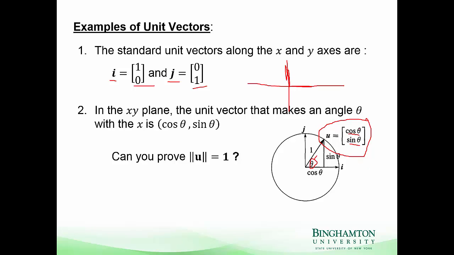So this is a whole set of unit vectors, and in fact that set includes all possible unit vectors in two-dimensional space. Now, using tricks from trig identities, you should be able to prove, given this definition, that regardless of the value of theta, it really does have unit norm. So I encourage you to do that.